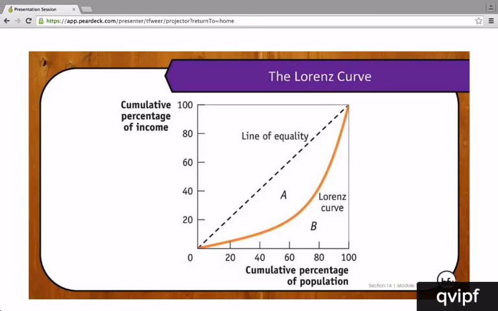But what this Lorenz curve shows, that's bowed out, shows that the first 20% of Americans get a very small percentage of the total income, but the top 20% earn a very high percentage of the total income. And so the further bowed out this curve is, the more income inequality there is in a country.